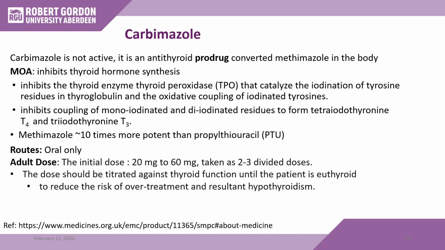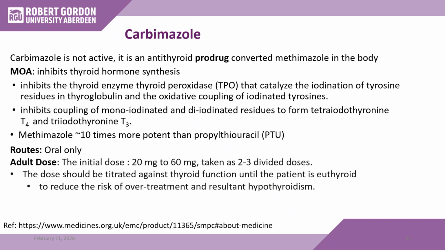So when we move on to carbimazole as a drug, it is not active, so it's a prodrug, and it's converted to methimazole, the active compound. So it acts by inhibiting thyroid peroxidase, blocking iodination and coupling reactions needed to produce T3 and T4. The initial dose is between 20 to 60 milligrams per day, divided and titrated according to blood tests until the patient becomes euthyroid.